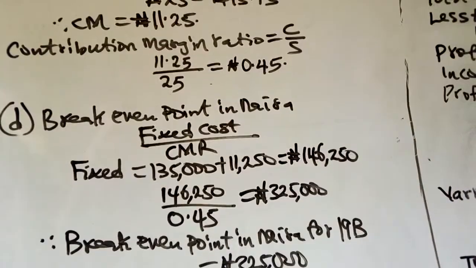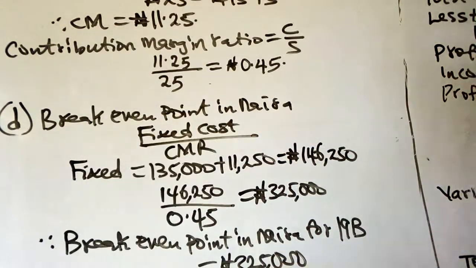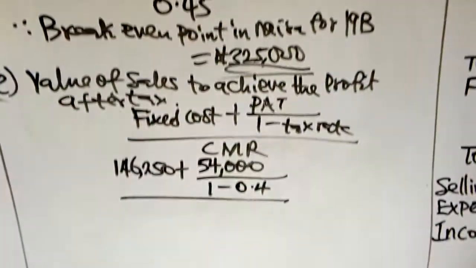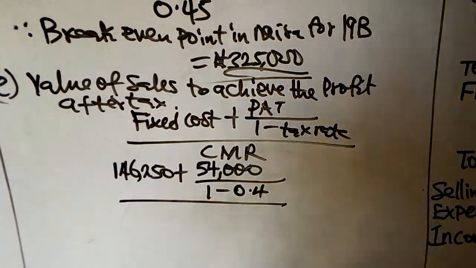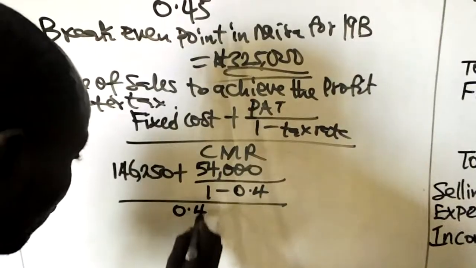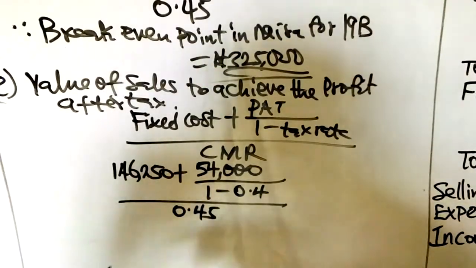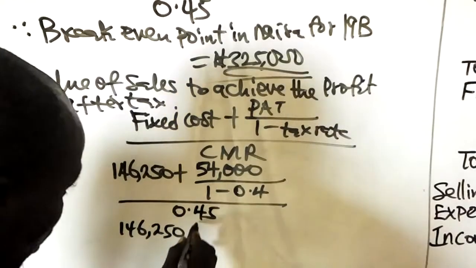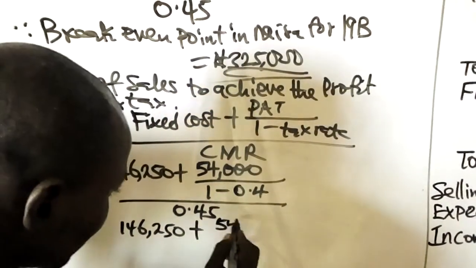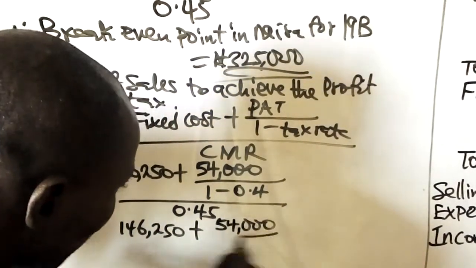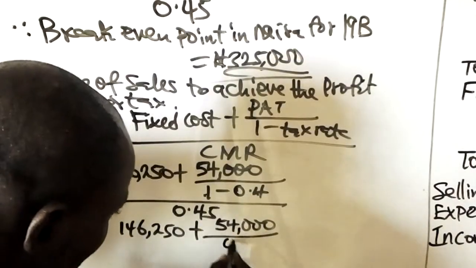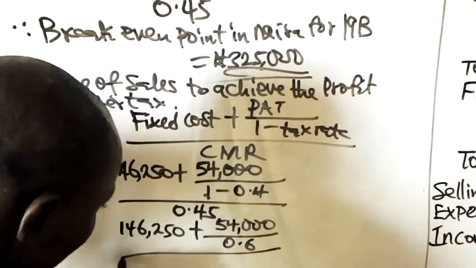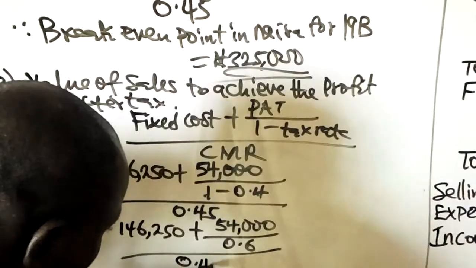Our CMR is 0.45. So this will be 146,250 plus 54,000 over 1 minus 0.4, which is 0.6, everything over 0.45.